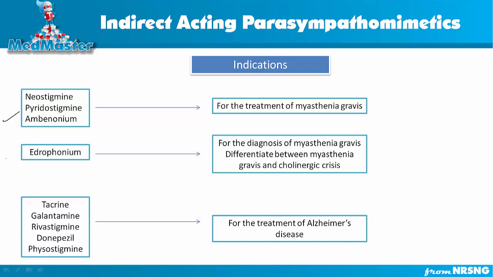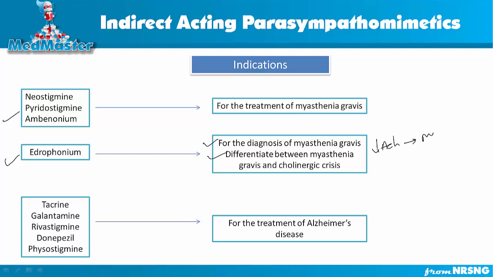There is another drug, edrophonium. This is for the diagnosis of myasthenia gravis, and also to differentiate between myasthenia gravis and cholinergic crisis. As we know, in myasthenia gravis there is a decreased level of acetylcholine.